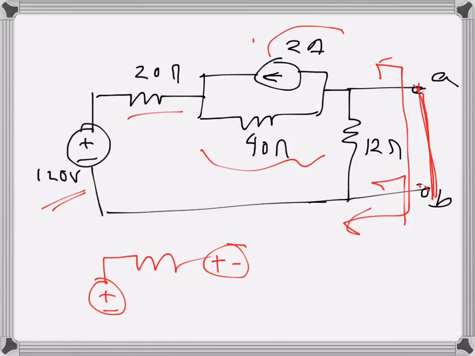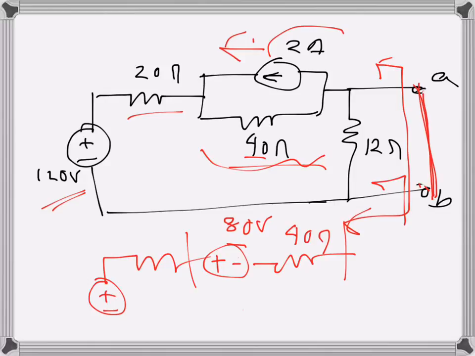The polarity will be like this, since the current was flowing in this direction. This is 40 ohms, this is the converted circuit, and the value of the voltage source will be 40 times 2, which is 80 volts. And this one stays at 20 ohms.